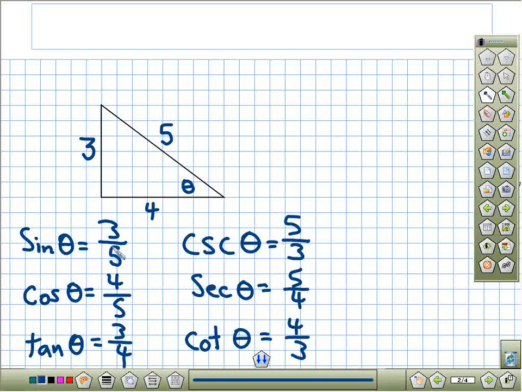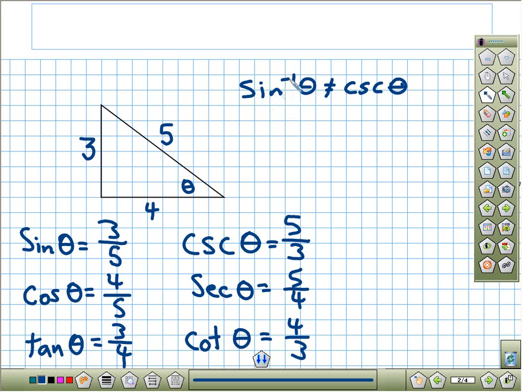Is cosecant the same as like sine to the -1? No. That's a good question though. What we're going to do later on is study what the inverse means.